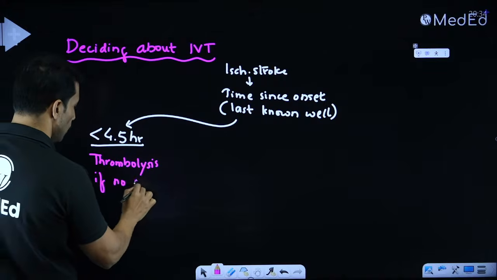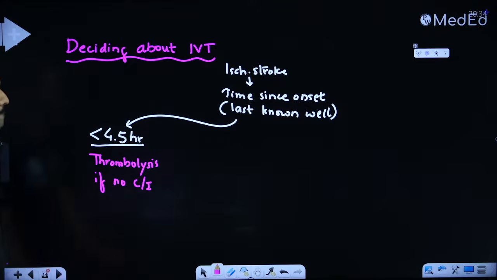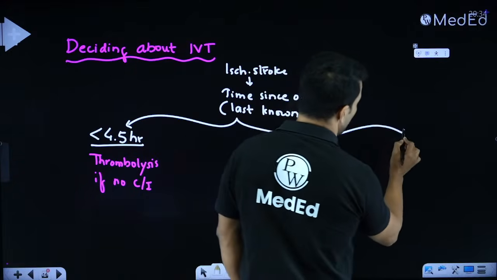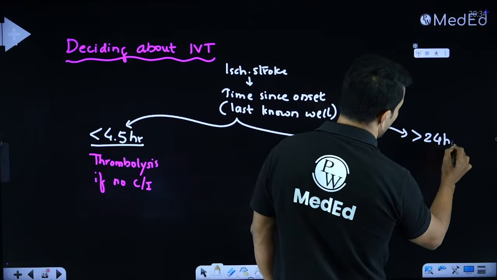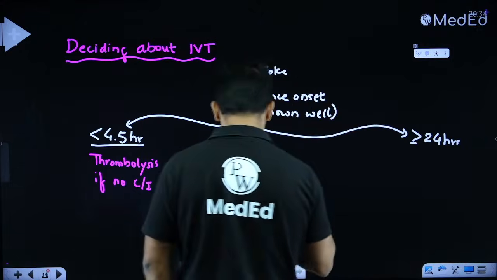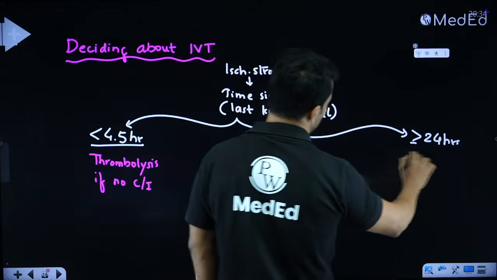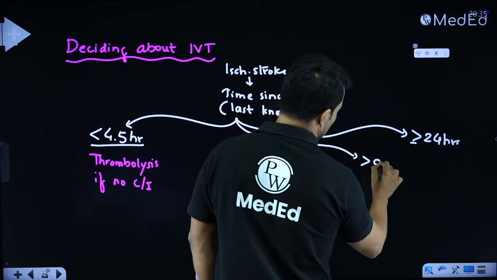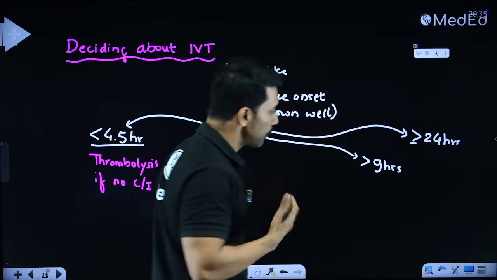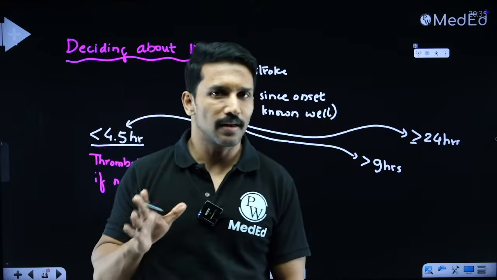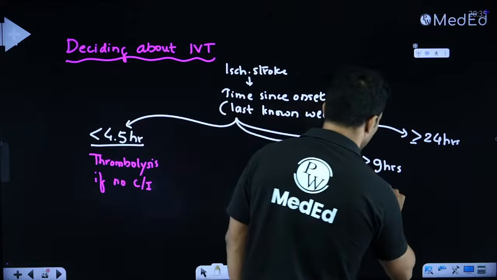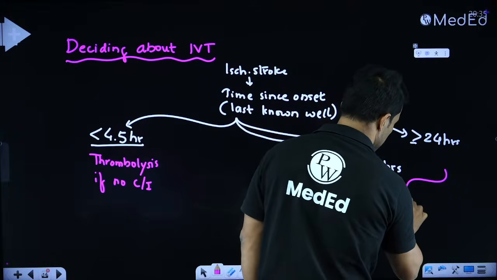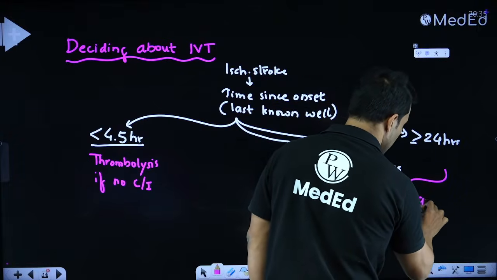And if he has presented after 24 hours, we know certainly there is no hope of thrombolysis because everything will be infarct. Or if he has presented after 9 hours, though you might have a penumbra, it's not worth taking that risk. So in both these cases, after 9 hours or after 24 hours, they become ineligible for IVT.